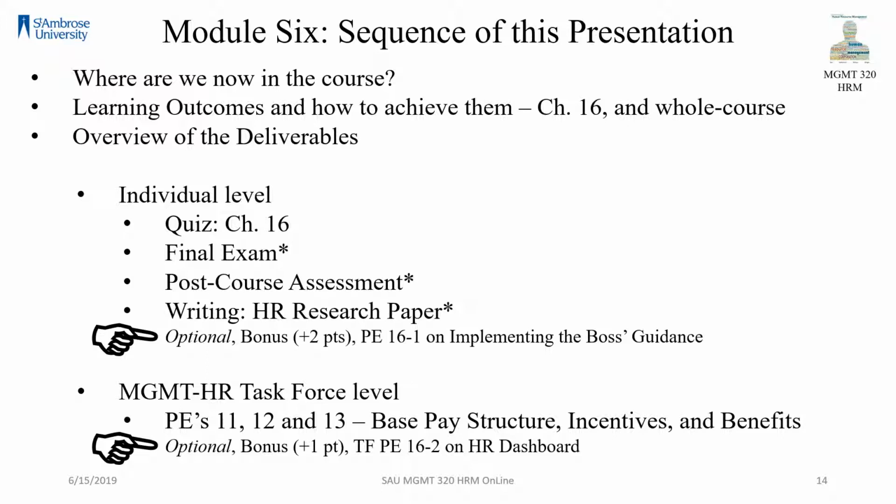Practical exercise 16.1 is at the individual level: what would you individually recommend on implementing the boss's guidance, and that's worth 2 bonus points. And for the task forces: what would you recommend be your organization's HR dashboard? Recommend 3 critical functions that your organization desires to monitor, and that's worth 1 additional bonus point.